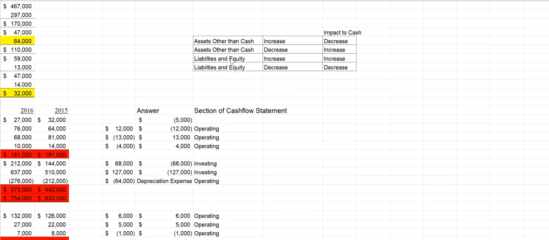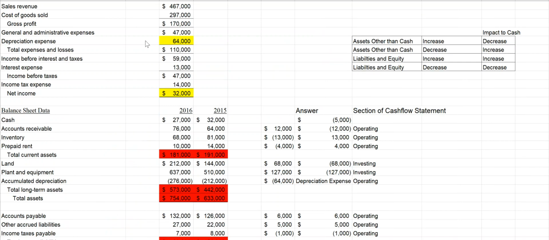Our liabilities and equity, when those accounts increase, my cash account increases. When my liability and equity account decreases, my cash account decreases. So keep that in mind when we're analyzing our accounts. Our statement of cash flow is going to have three sections.